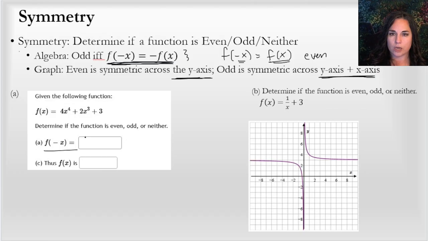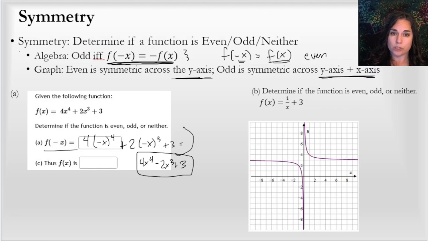Evaluate the function. We get 4 times negative x to the 4th plus 2 times negative x to the 3rd plus 3. Well, when I plug this in and simplify it, I get 4x to the 4th minus 2x cubed plus 3. And so I compare this to the original function.